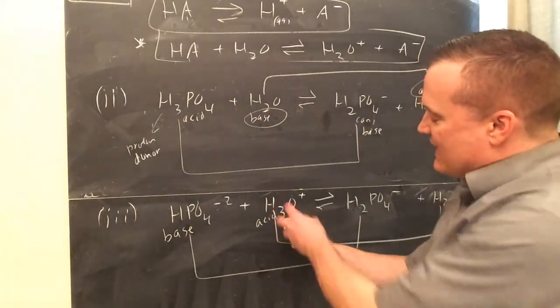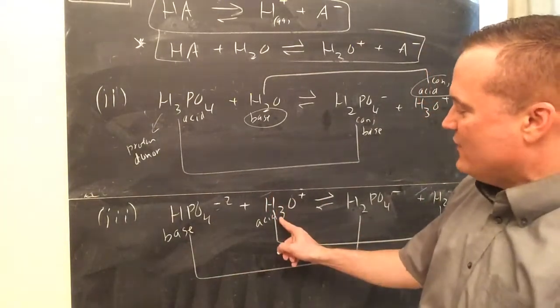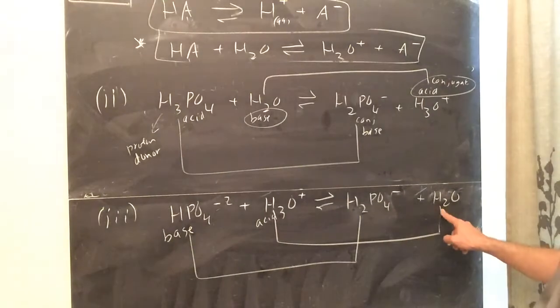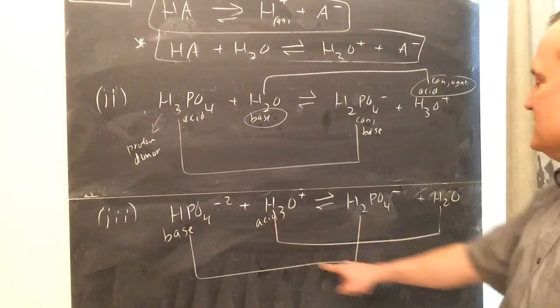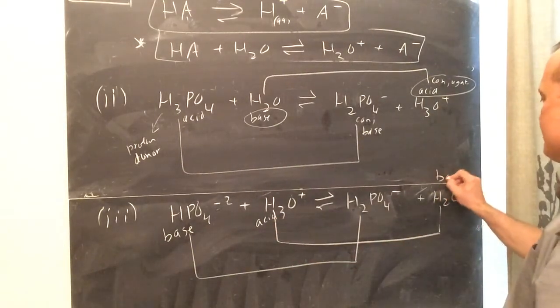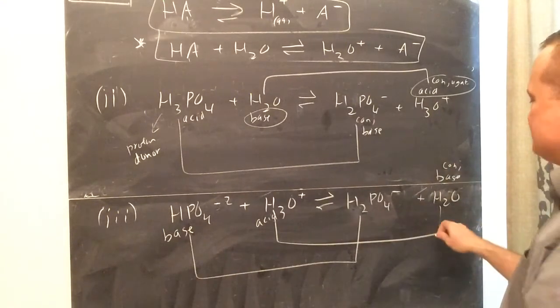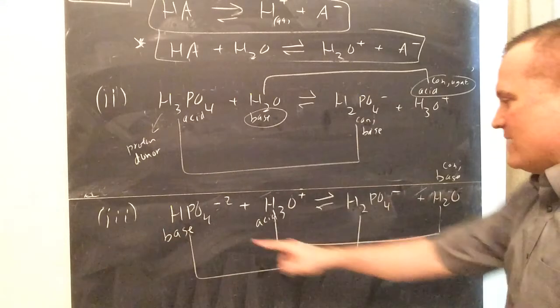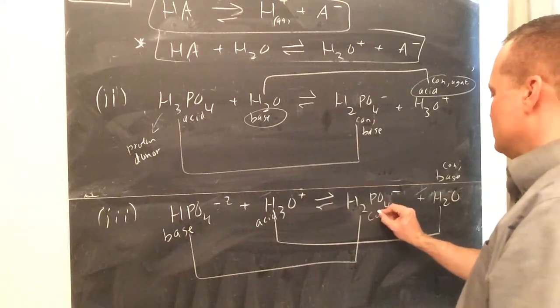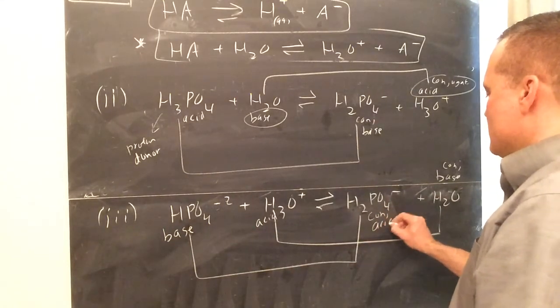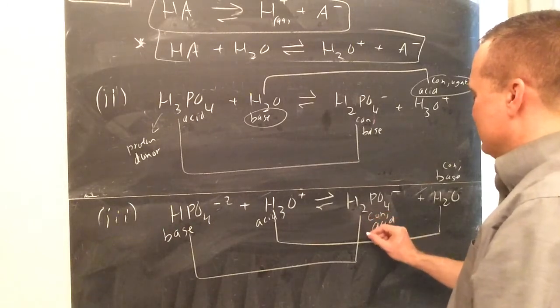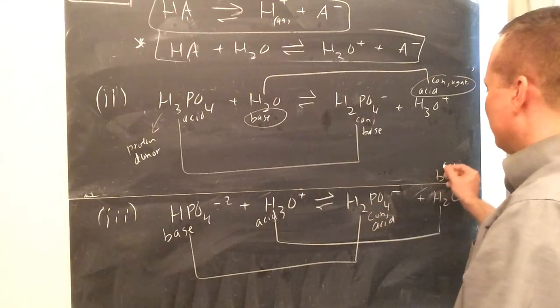So it's the acid. H3O gives away. Think about it. If I take H plus from H3O, I'm left with H2O. So this is the acid, and this is the conjugate base. You can just say the conjugate acid-base pair. Depending on the question, you could even leave out the word conjugate.